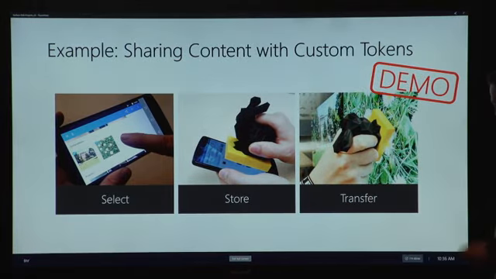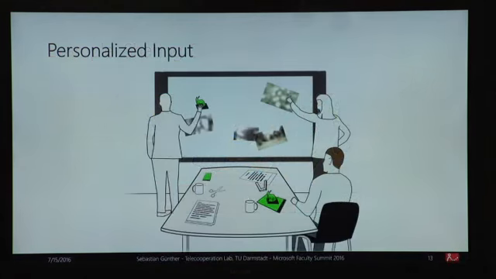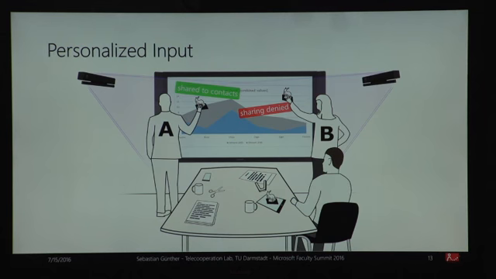Back to here. After we had integrated personal devices and had our 3D printed objects, we also thought, how can we provide personalized input? Similar to what Michelle presented earlier this morning. We also did some work on this, but we did not want the user to wear any additional devices.